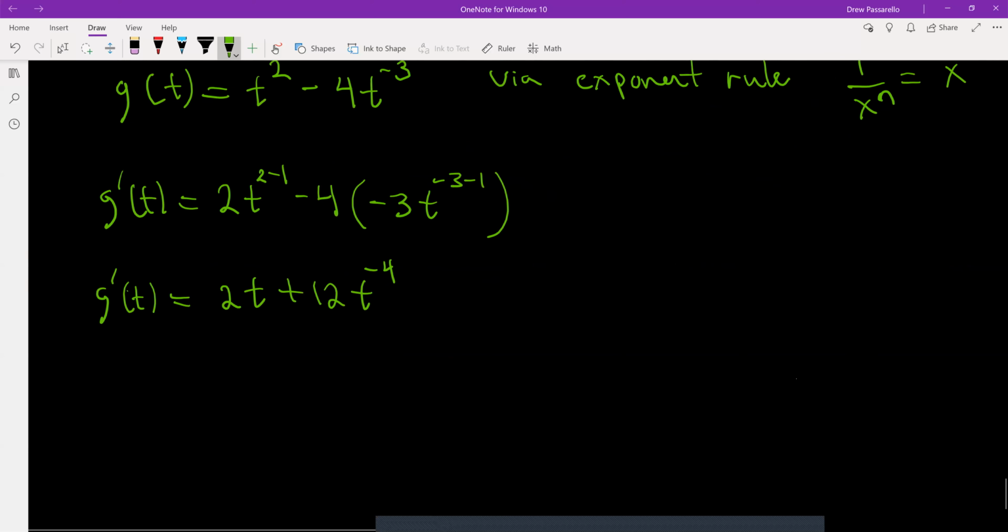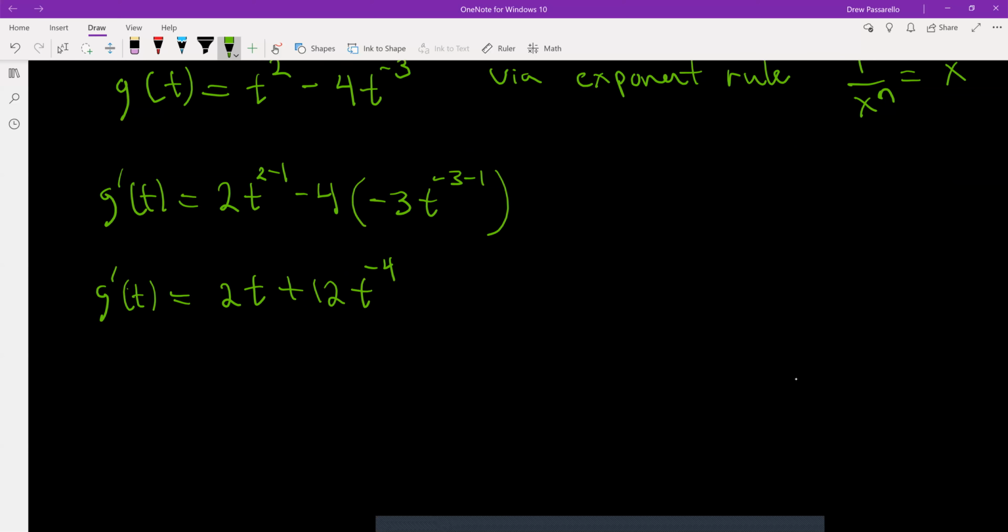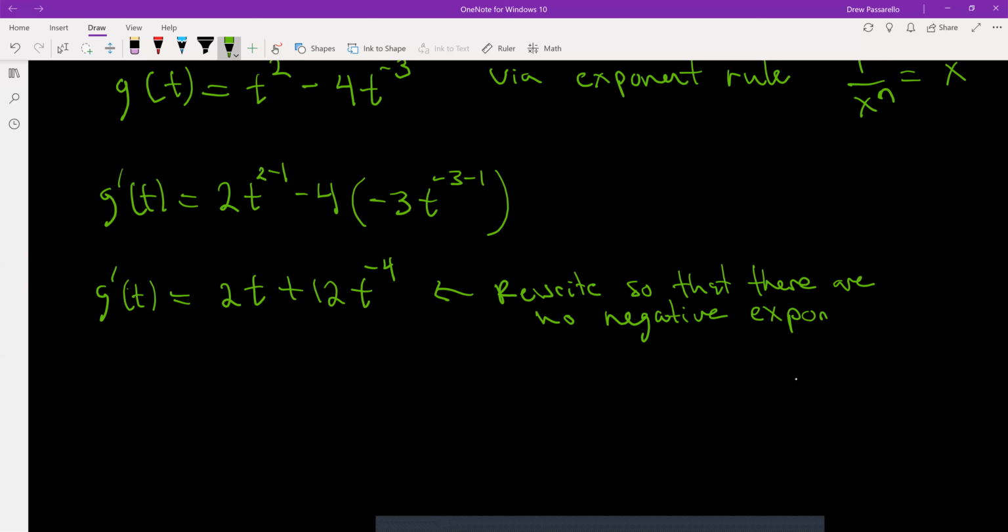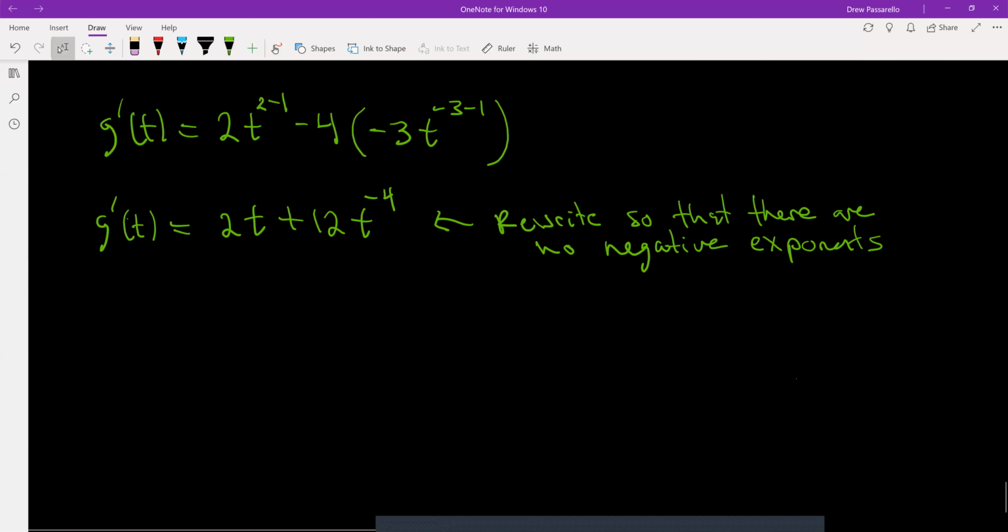So I'm almost there. I just need to rewrite it so that there's no negative exponent for my answer. All right, and that's using the same rule as I applied earlier.